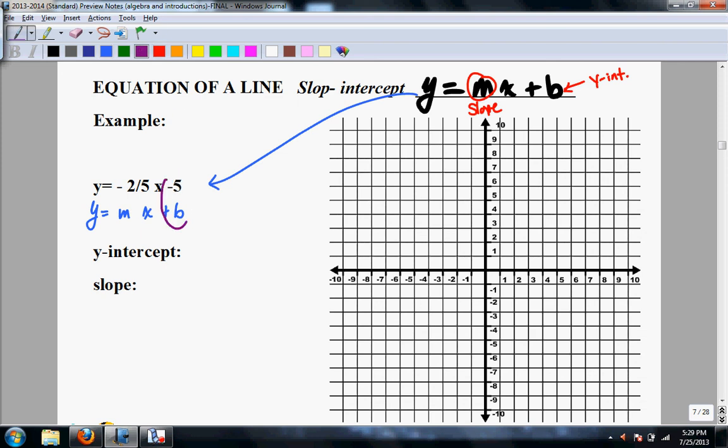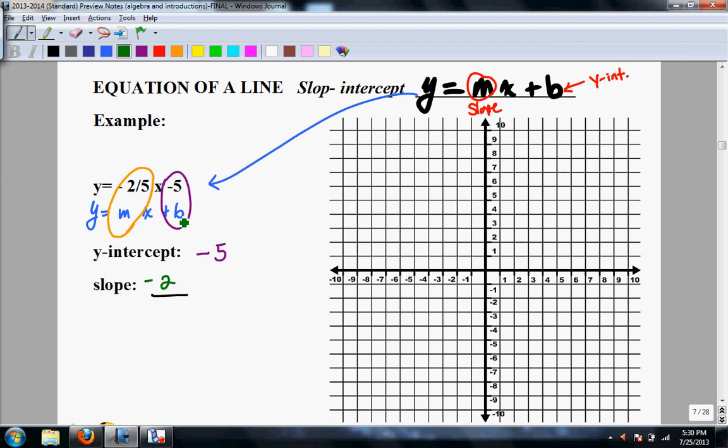I'd like you to circle the b and the negative 5, please. Now the y-intercept, therefore, is negative 5. That's your b. I'd like you to circle the m and what it corresponds with, which is negative 2/5.